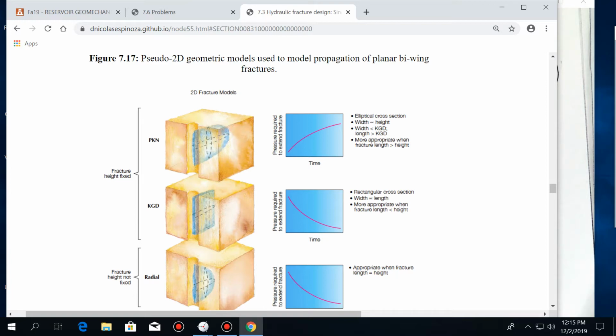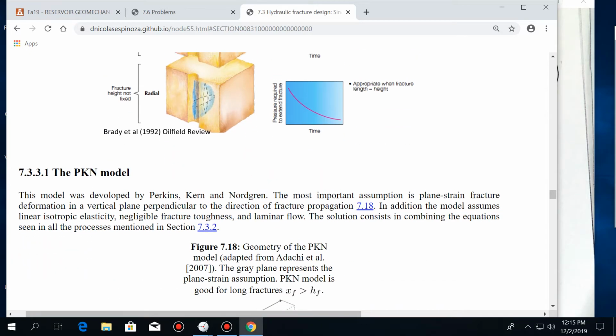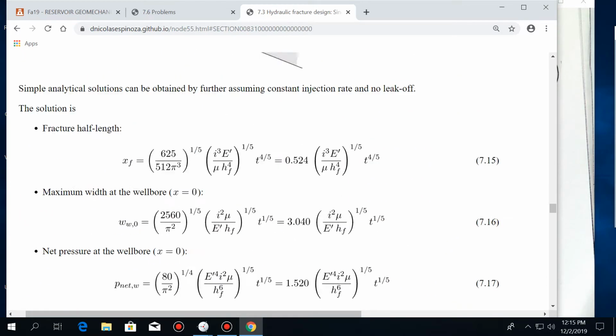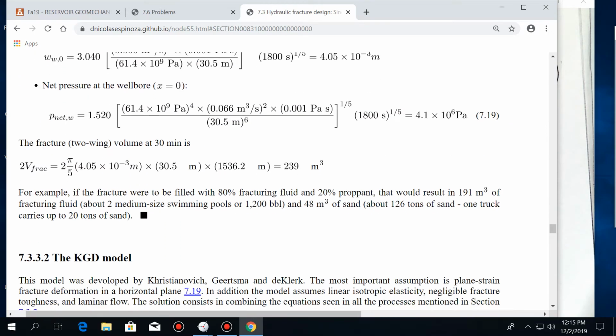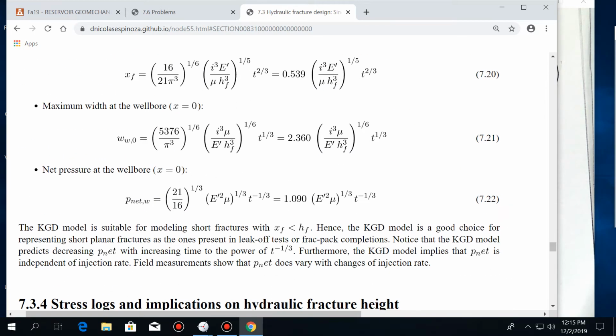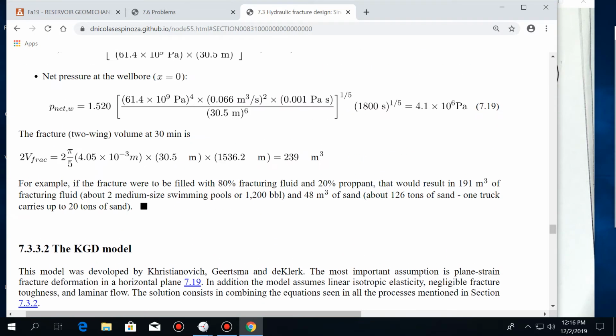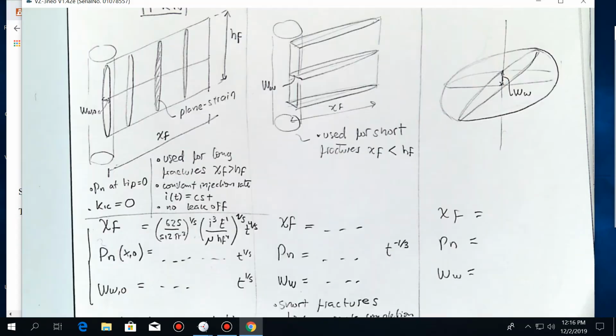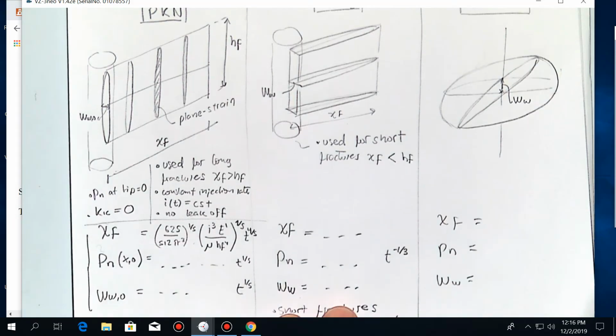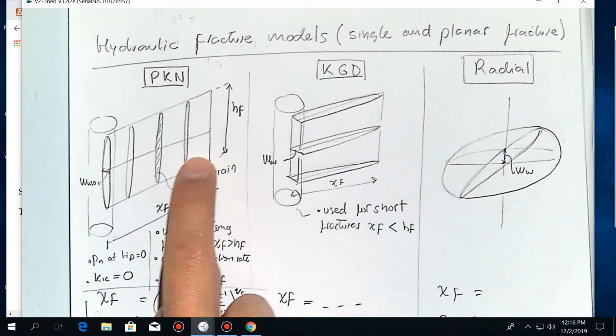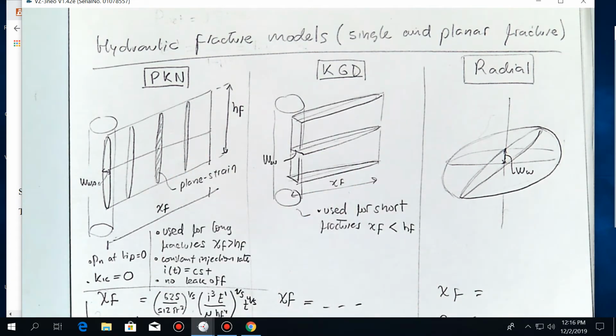Okay, so this is the end of this section. And again, I have the questions here for PKN and for the KGD model, and for the radial, I don't have them here, so don't worry about that. There was something in the previous part, let me come back to the notes over here, that was assumed constant here and there, but that we didn't say how to calculate before.